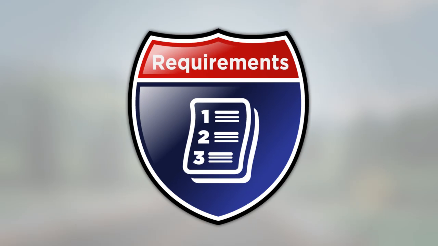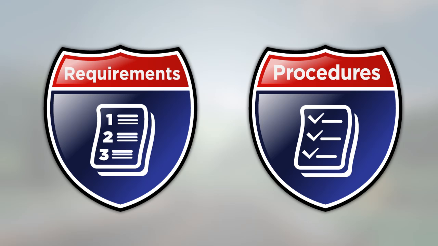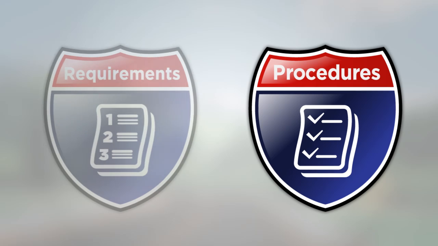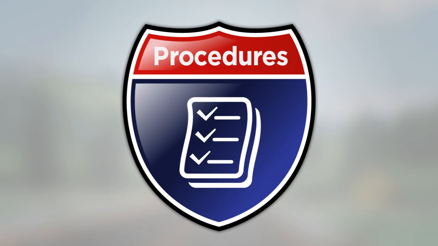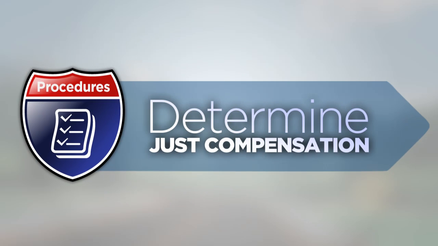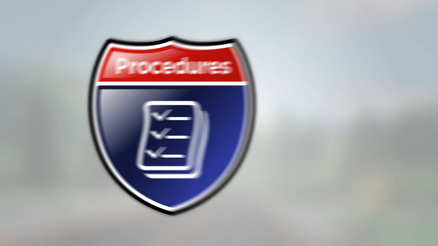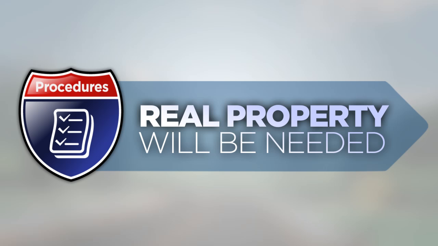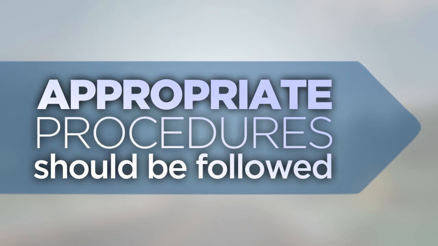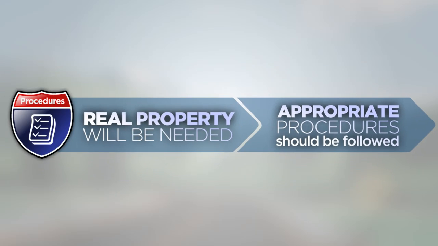Now that we understand when right-of-way requirements are applicable, let's review the right-of-way procedures that an agency needs to follow. These procedures ultimately determine just compensation. If it is determined that real property is needed to construct the project, the appropriate right-of-way procedures should be followed.